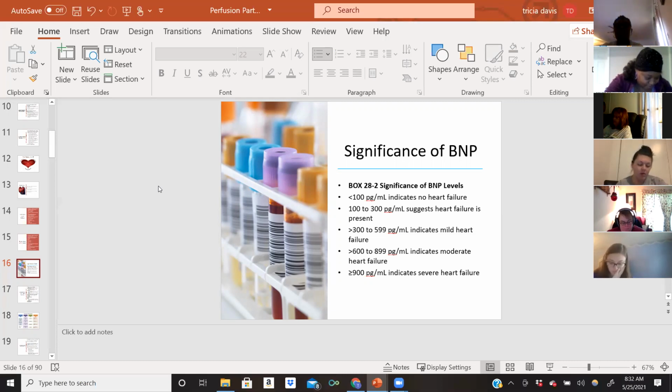Greater than 900 indicates severe heart failure. It is not uncommon to see patients that have these numbers upwards of 13,000. I've seen them from 7,000, 9,000, 13,000. So this is just the lab that we would look at in the clinical setting.